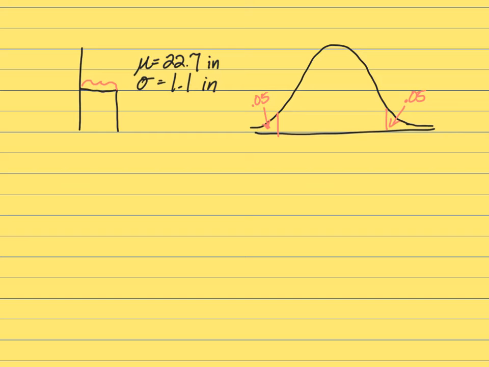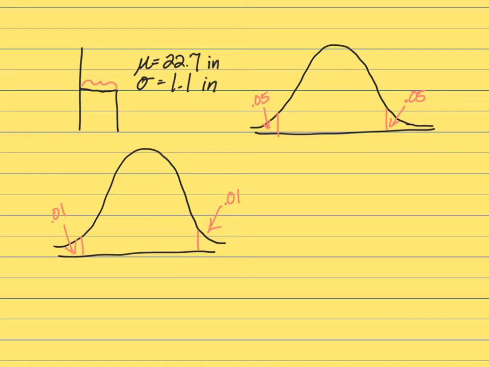This problem just asks us to do the same thing, but it says, okay, set it up so that you have boundaries, again dividing critical from non-critical. There's our boundaries. But the area is 0.01. So that moves the boundaries out further.